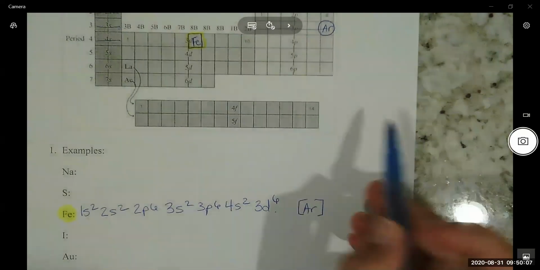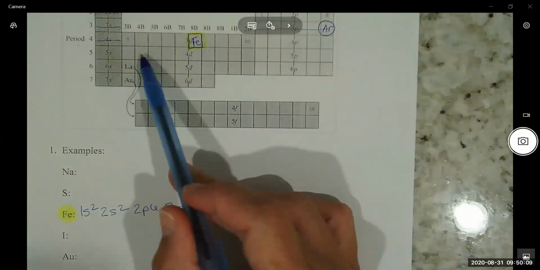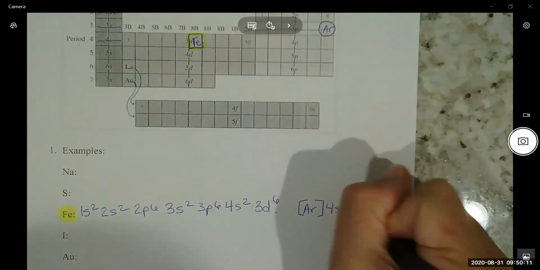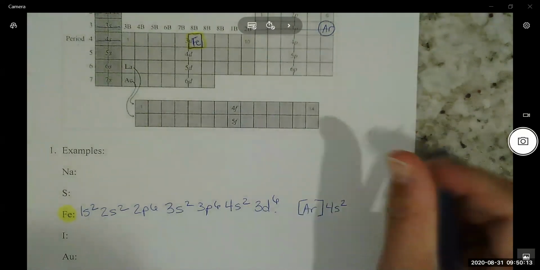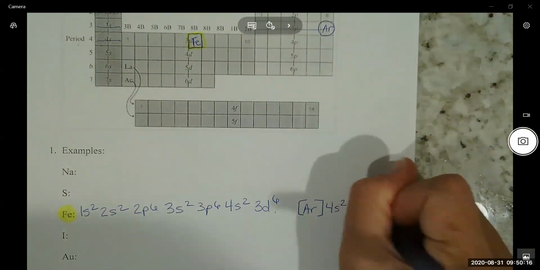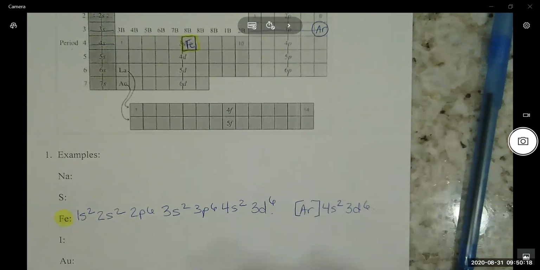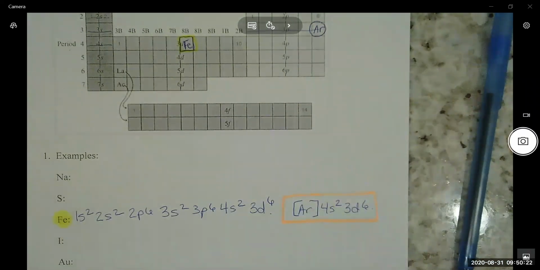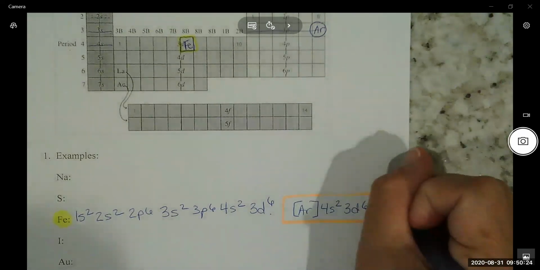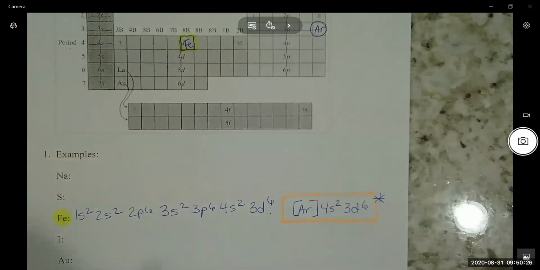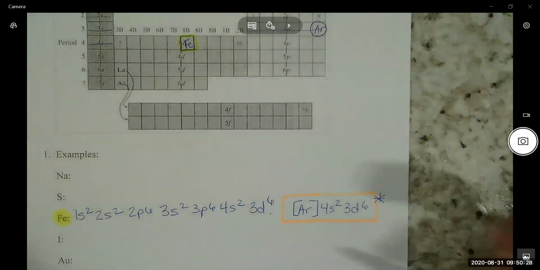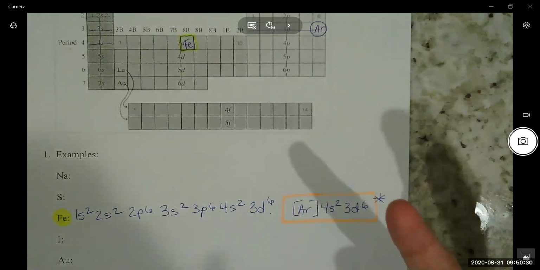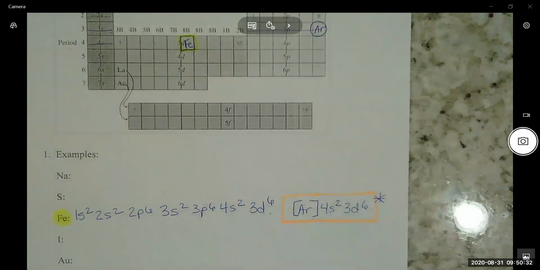And then from there, after argon, the next thing to fill up is 4s2, and then 3d6. So this is my electron configuration. You can always write it this way unless they tell you specifically for the full or complete electron configuration.